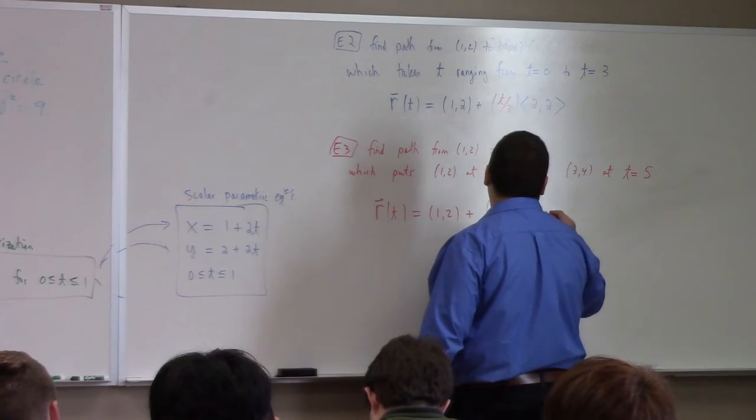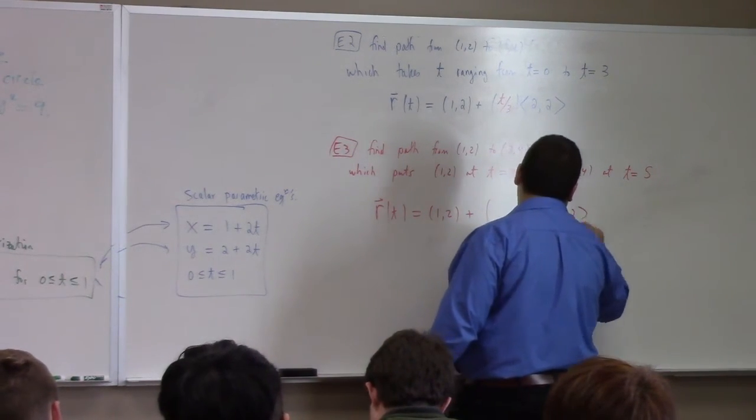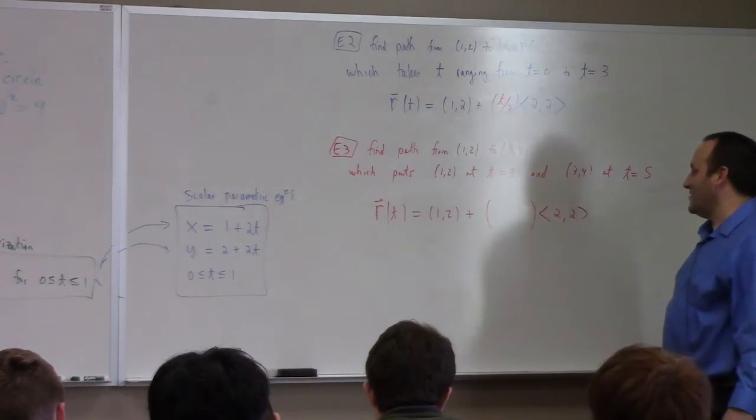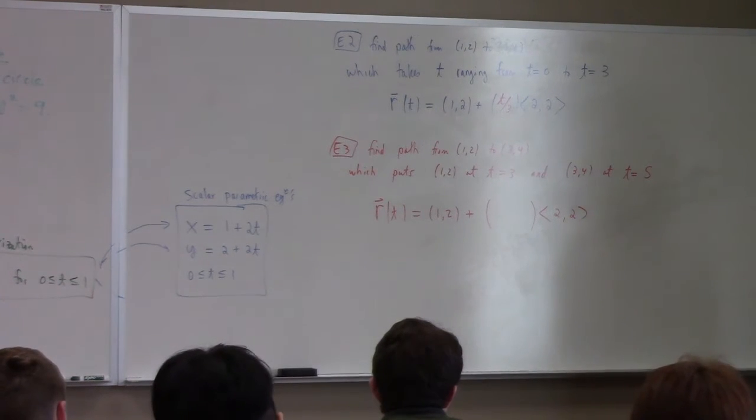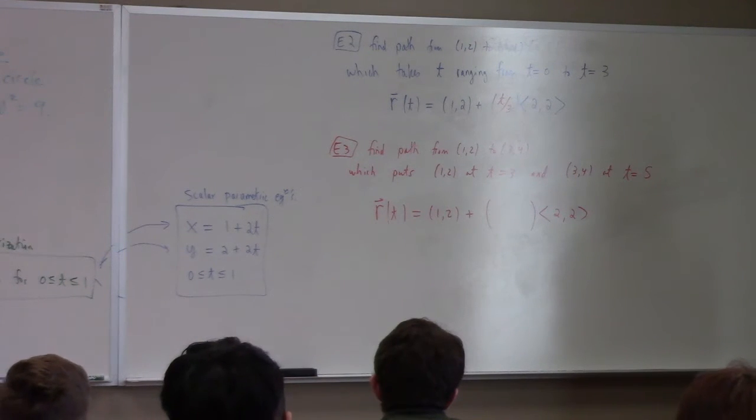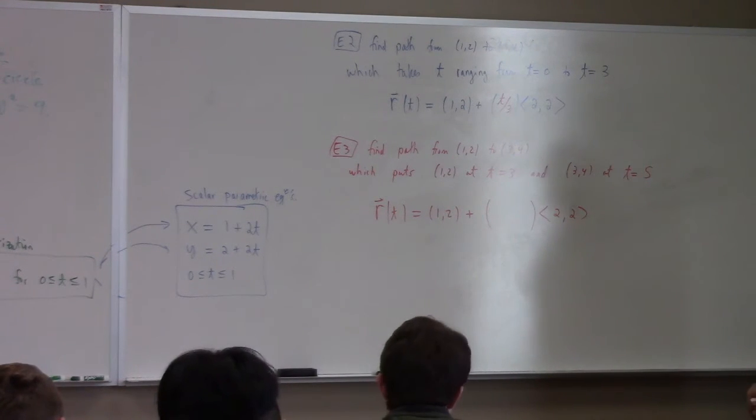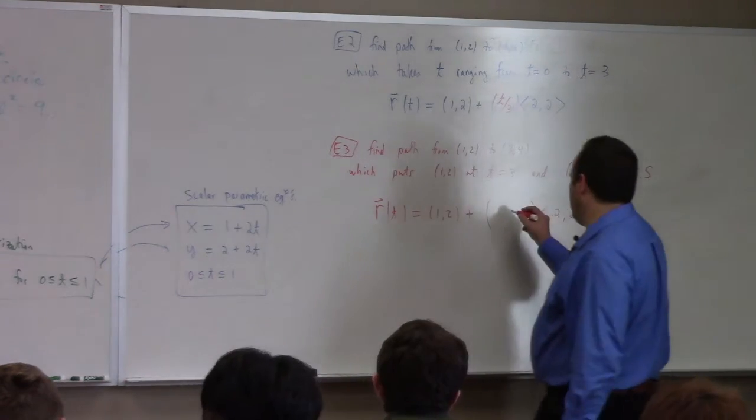So I'm just basically messing with what goes in here, right? So you want it to be, and I kind of have to think about this one a little bit. I guess I want t minus 3, right?